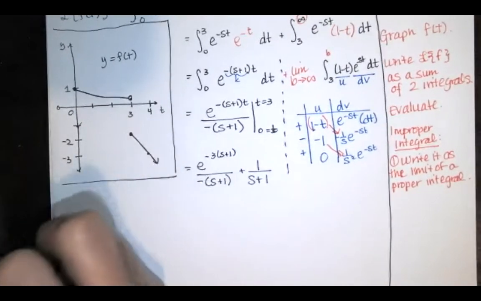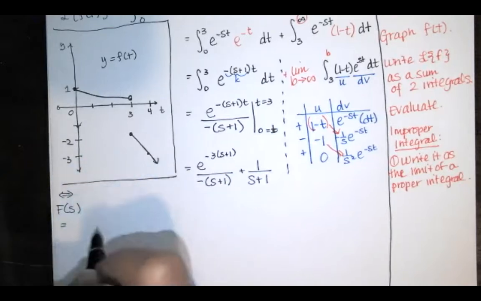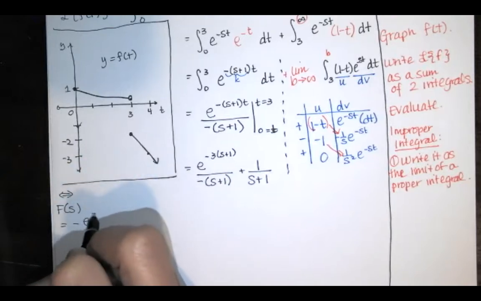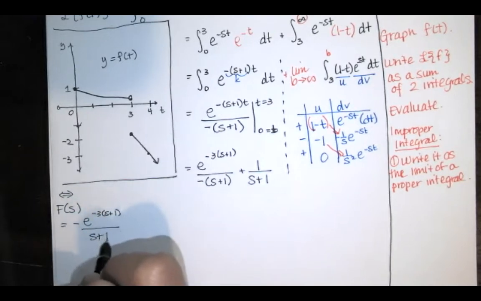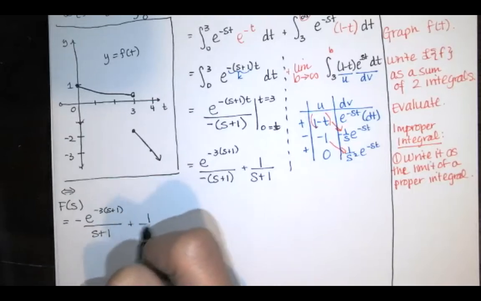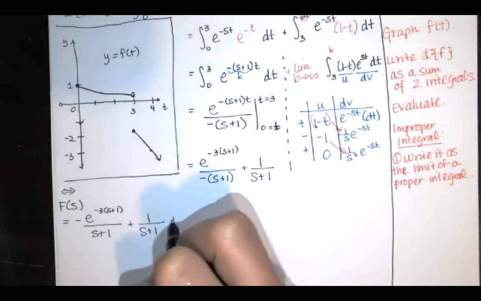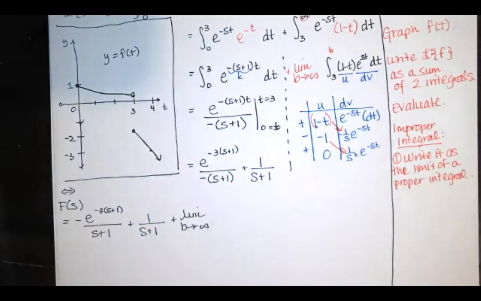So our f of s is equal to this. We've got negative e to the negative 3 times the quantity s plus 1 over s plus 1. I just brought that negative up to the numerator or off to the left-hand side. That's fine. And then over here, we have the limit as b goes to infinity of this expression.